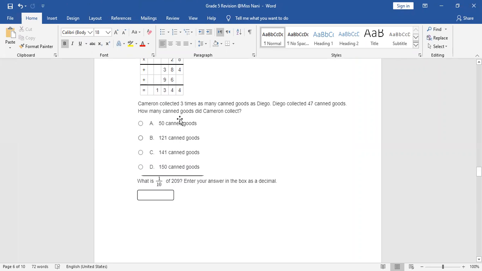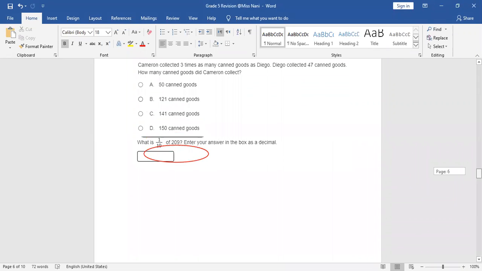Of course, he's telling me that Cameron collected 3 times as many as Diego. So I will multiply 47 multiplied by what do you think? 3, which is 141 canned goods. So that's why I'm telling you to retain the multiplication tables.